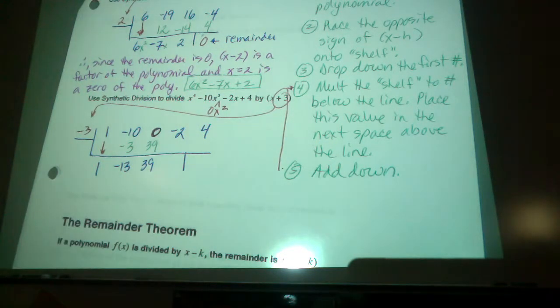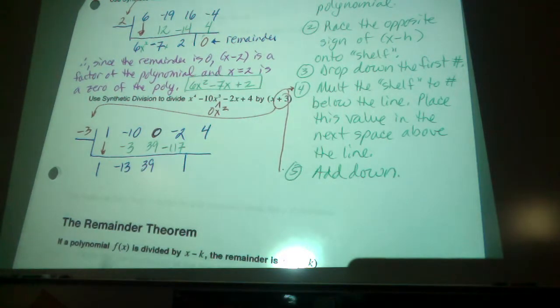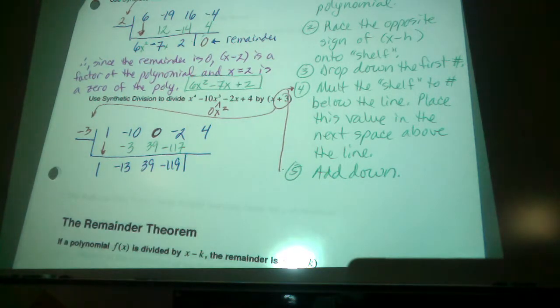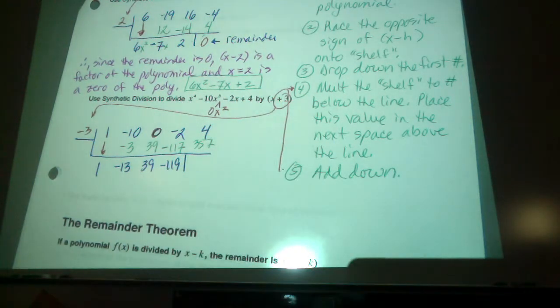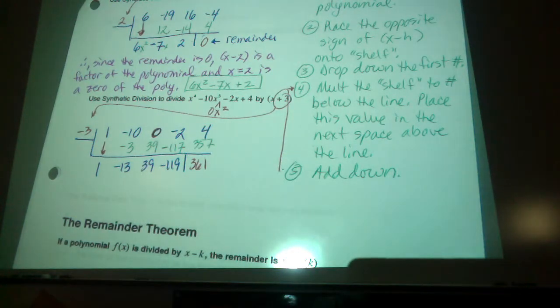Negative 3 times 39 is negative 117. Add down, get negative 119. Negative 3 times negative 119 is 357. Add down, we do get a remainder this time of 361.